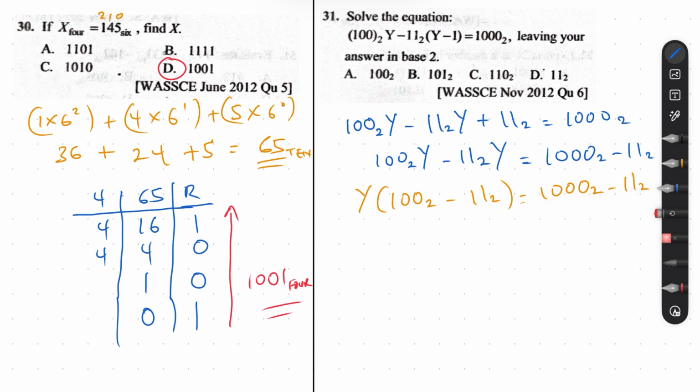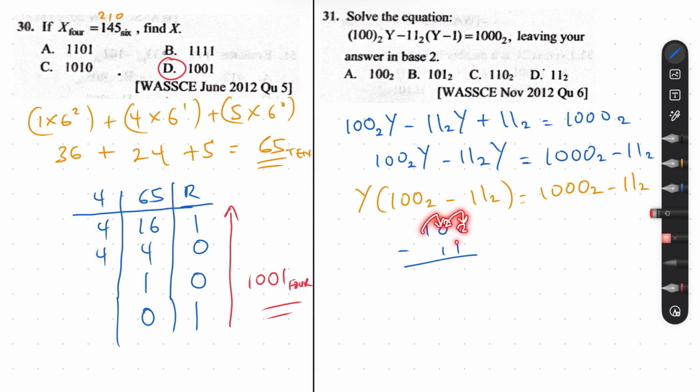Let's do this subtraction: 100 minus 1 in base 2. We borrow from here to here and then from here to here. Because we are working in base 2, whatever we borrow is 2. So when we borrow to here it is 2, but we still need to borrow again.